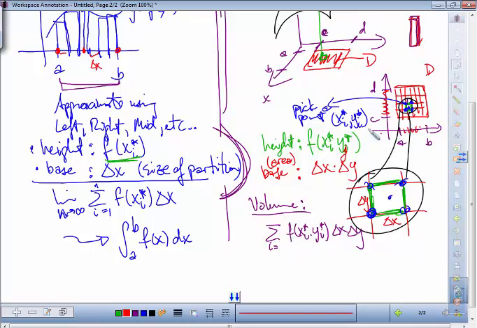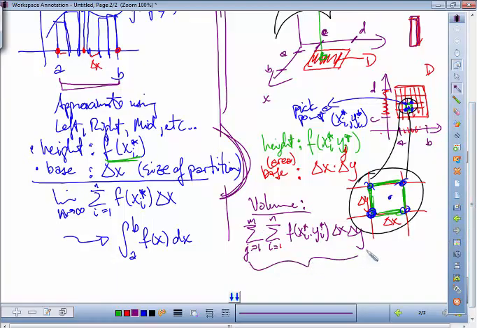So let's call the x partition x sub i and the y partition y sub j. So j goes from 1 to n, or m, or n, doesn't matter. And then the y partition is our j partition, goes from one to another variable.